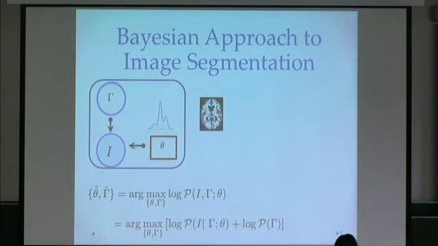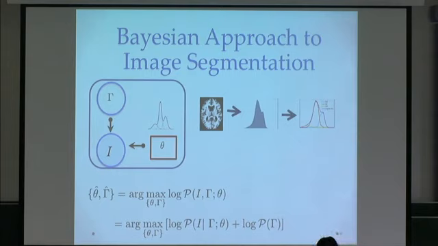Now, I often deal with brain imaging, so I can assume that, for example, the intensity parameters can be modeled by a Gaussian mixture model.